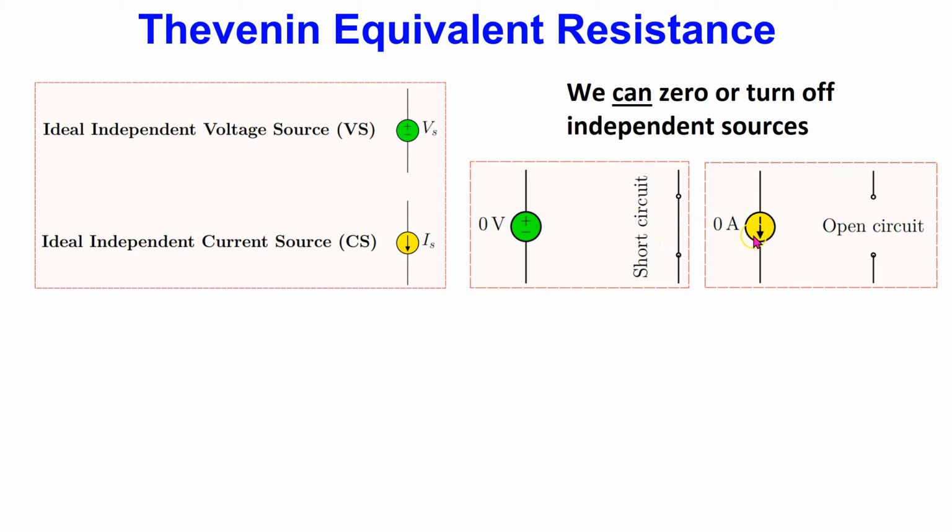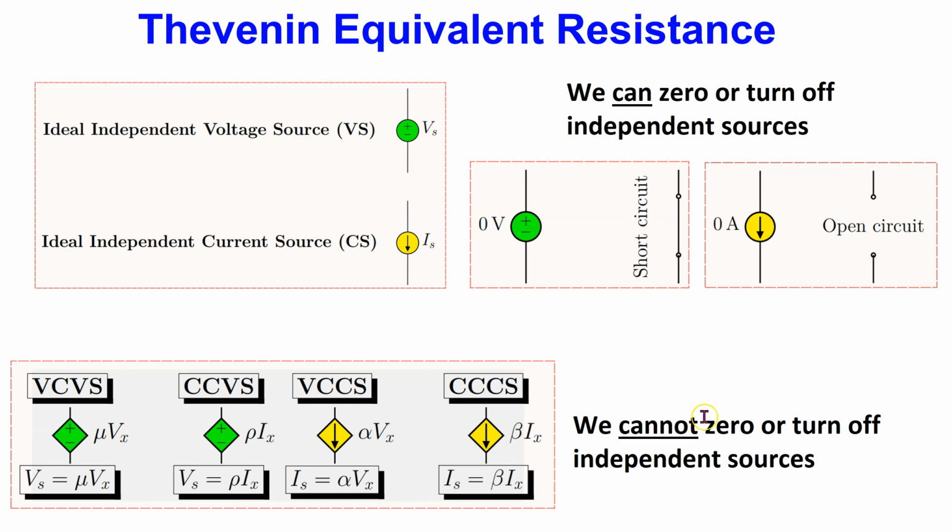When we zero an independent current source, we make its magnitude 0 amp, which is equivalent to replacing it with an open circuit. For dependent sources, we cannot zero or turn them off. This is because the controlling variables are non-local to the dependent sources.